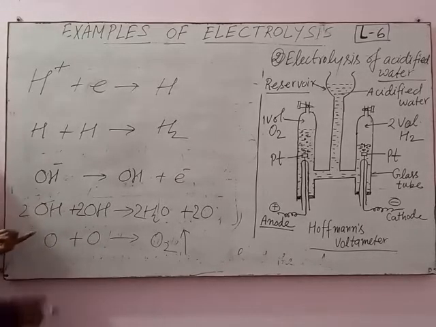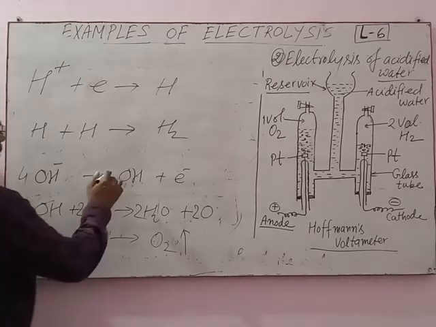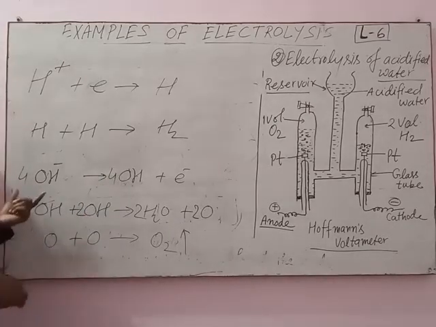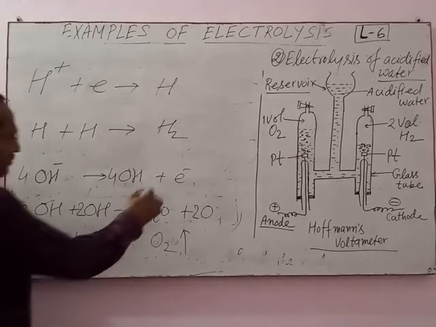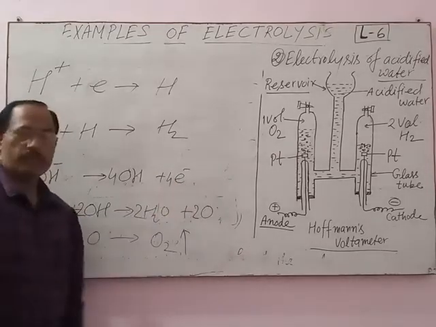In this way, a total of 4 OH ions are involved in this reaction, and a total of 4 electrons are produced.